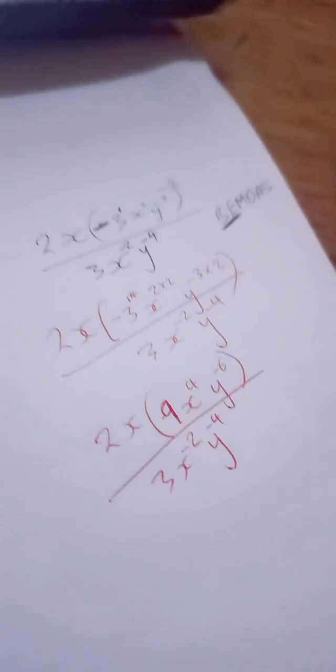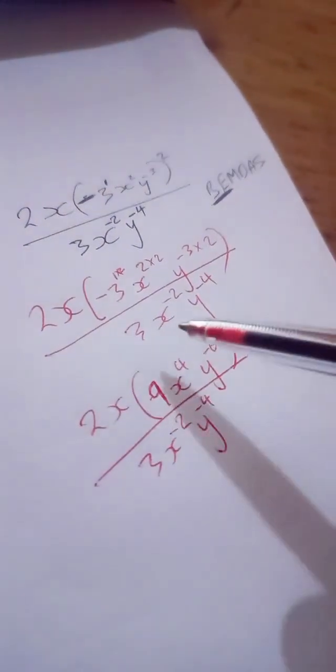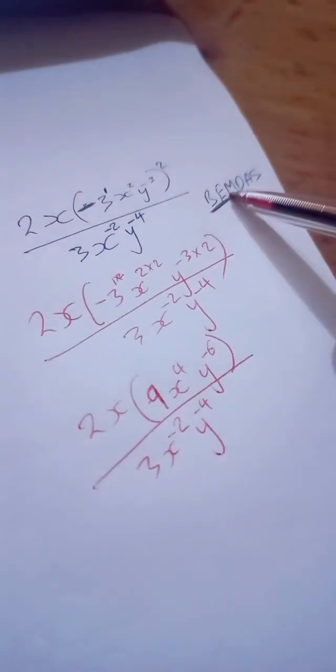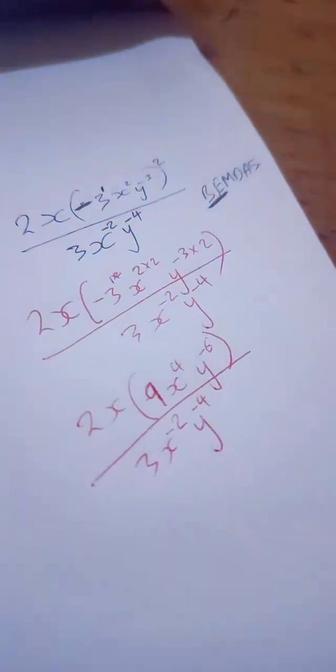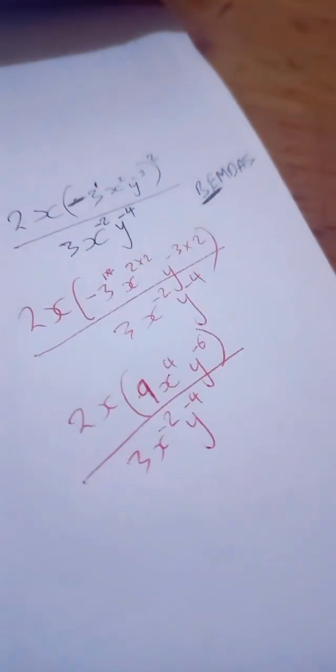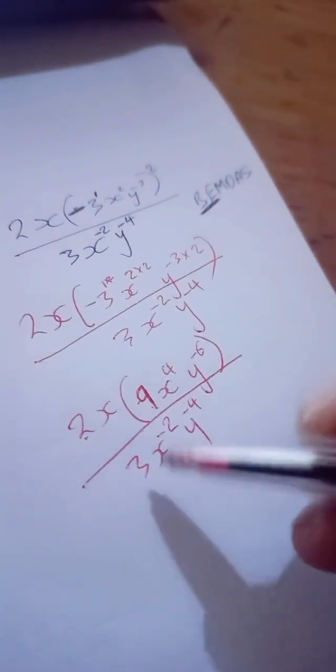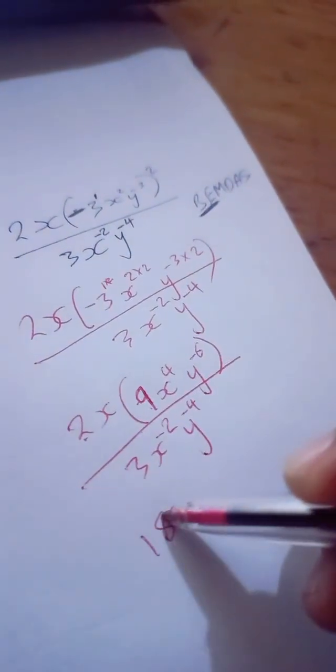From here, what do we do? We are going to multiply this. Remember, brackets, exponents, multiplication. We are done with the brackets. Now we want to multiply. So we multiply 2 by 9, which gives us 18.